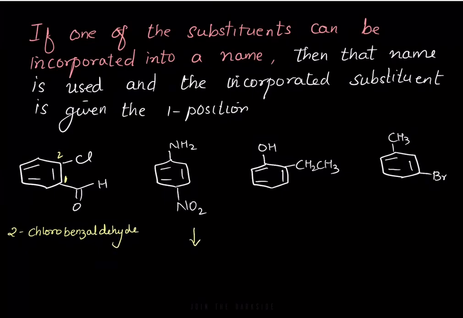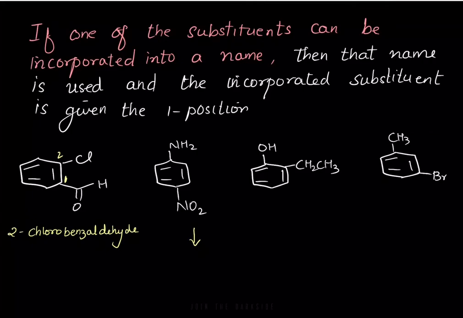Okay, what about this one? We know that when you have an amino group on a benzene molecule, it's actually called aniline, right? And therefore this is going to be para-nitroaniline, because the nitro group is on the 4th position with respect to the amino group.